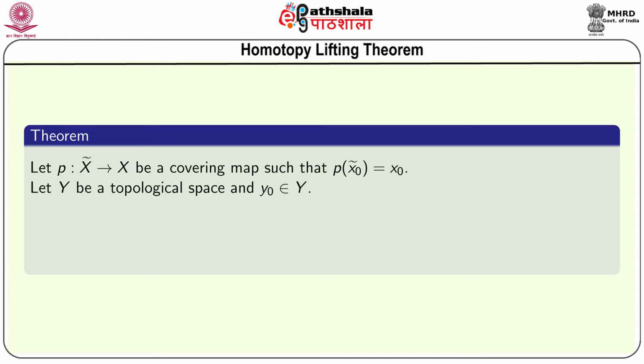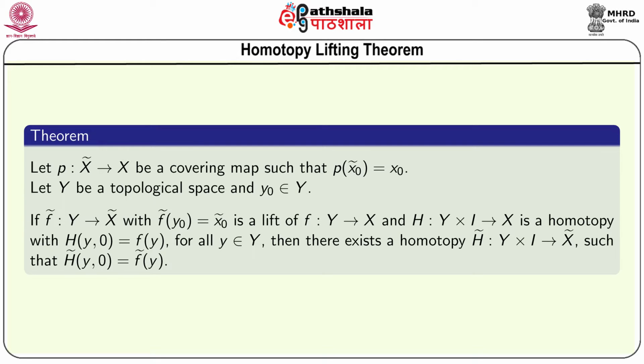Let Y be a topological space and small y0 a point taken from capital Y. If f tilde from Y to X tilde has the property that it takes y0 to x0 tilde and it lifts f from Y to X, and H is a homotopy with H(y, 0) equal to f(y) for all y belonging to capital Y, then there exists a homotopy H tilde such that H tilde(y, 0) is equal to f tilde of y.